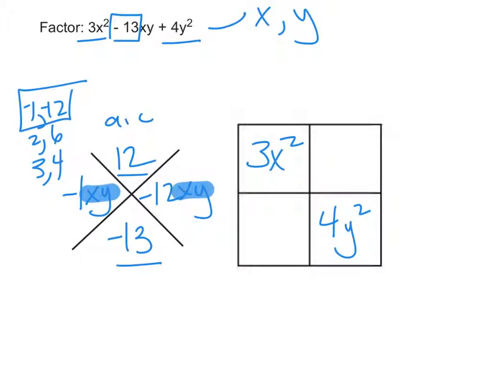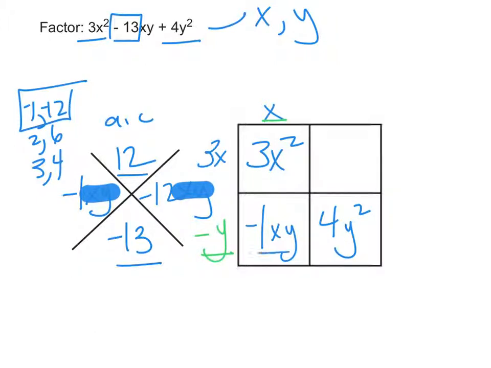So those two numbers are then going to go into our diagonals, but before we do that, we want to factor out 3x squared. 3x times x gives us 3x squared, and then I'm going to put negative xy here, and I'm going to think of a number that when I multiply by x gives me negative xy, and that's going to be negative y.